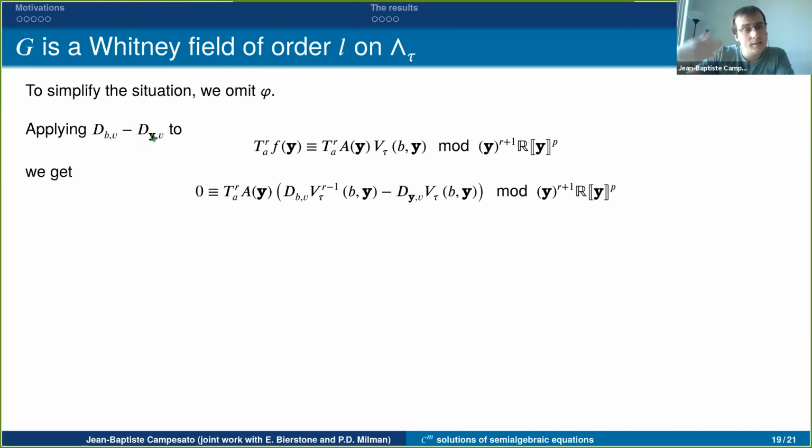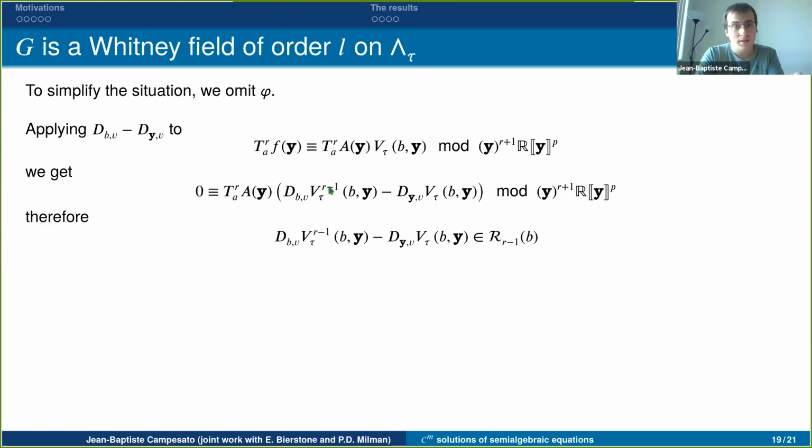And this operator consists in taking the formal directional derivatives with respect to Y. But we know that the Taylor expansion of the derivative is the formal derivative of the Taylor expansion. So particularly, when we apply this operator to something which is regular enough, we will get 0. When we apply this operator to the Taylor expansion of F, we get 0. When we apply this operator to the Taylor expansion of A, we get 0. And after the product rule, the only thing we have left is A times this operator applied to V.